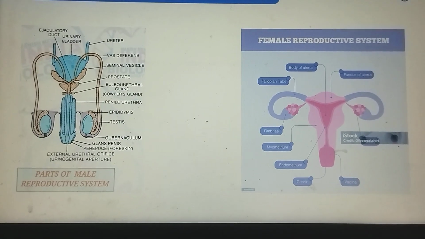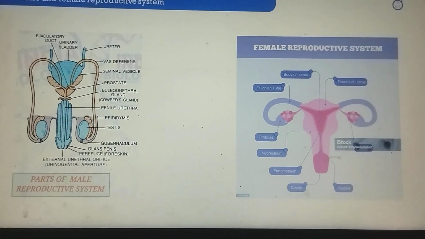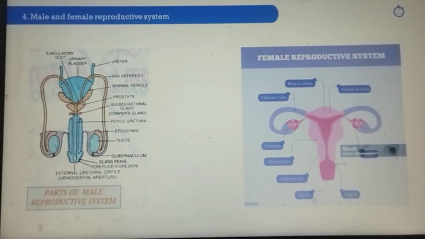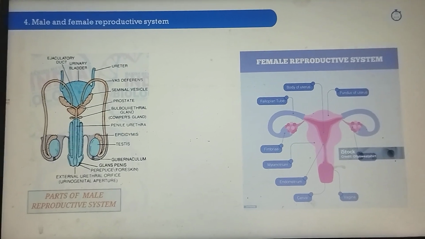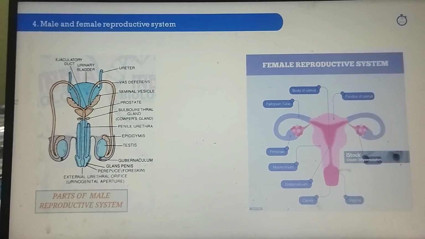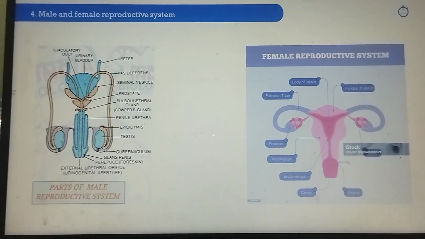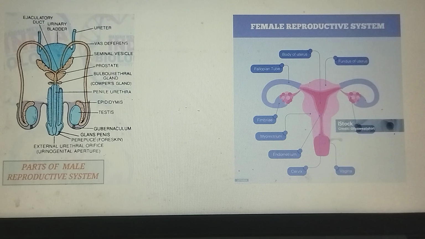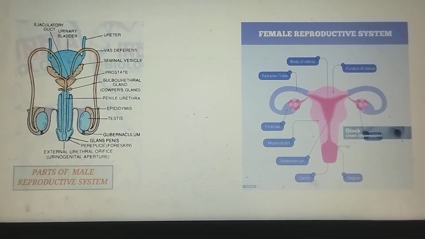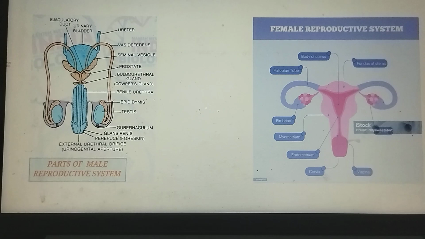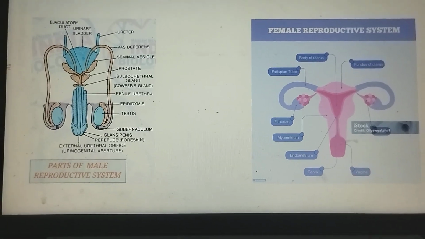Now have a look at the male reproductive system and the female reproductive system. In the male reproductive system, these are the parts: ejaculatory duct, urinary bladder, ureter, vas deferens, seminal vesicle, prostate, bulbourethral gland, also called Cowper's gland, penile urethra, epididymis and testis.